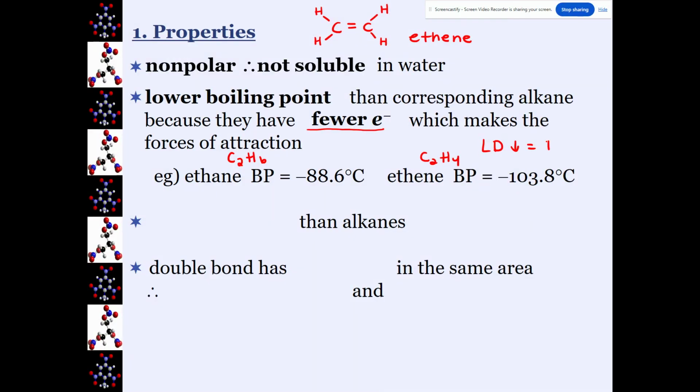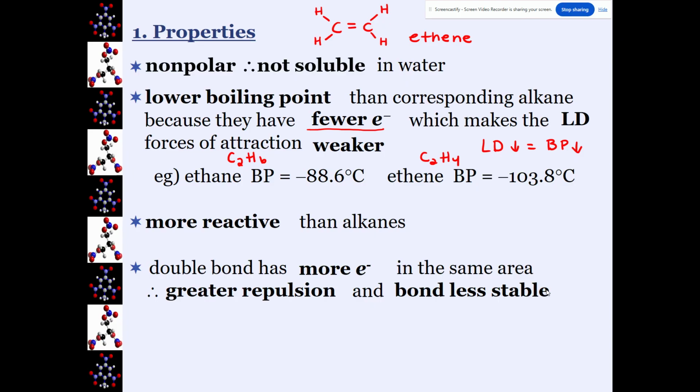If those are weaker, your boiling point is going to be a little bit lower than something that has more electrons. Okay? They are, however, going to be more reactive because, again, of that double bond. The double bond means there's 4 electrons being shared in that spot. That makes more repulsion, making the bond less stable.